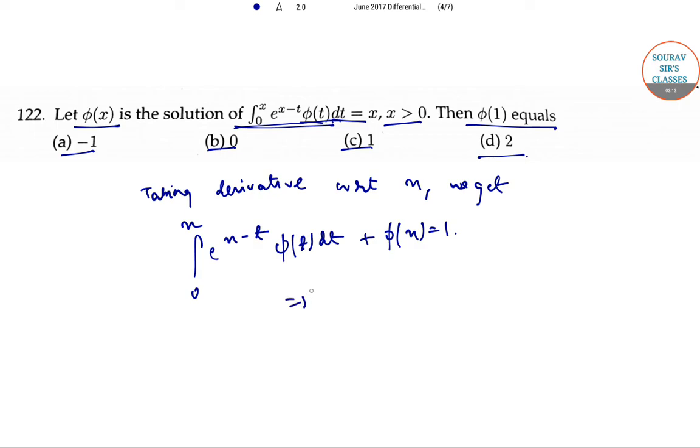And from this we get x plus φ(x) is equal to 1.